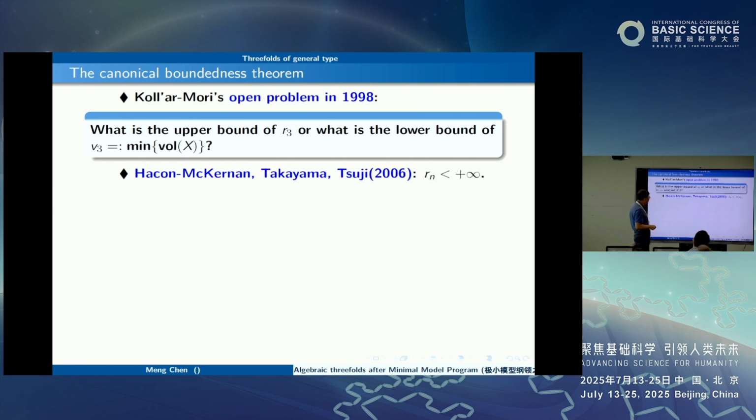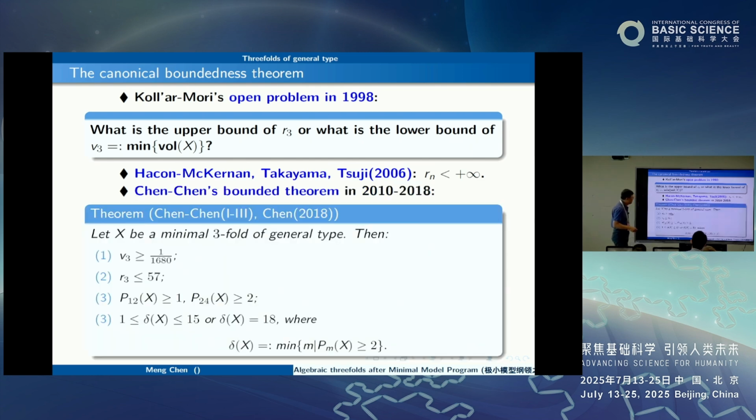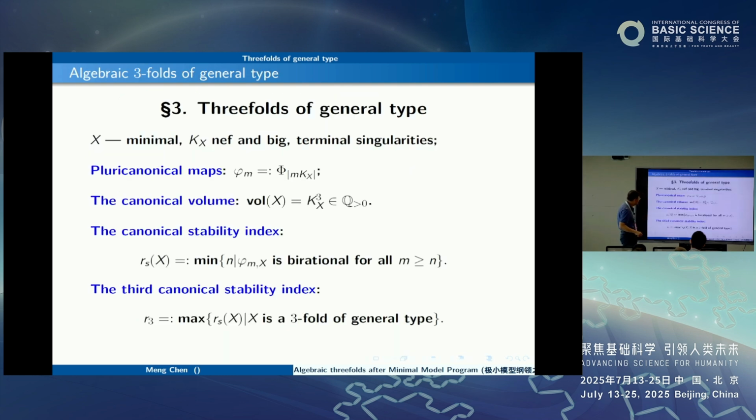Hacon, McKernan, Takayama and Tsuji actually proved in general that Rn should be a finite number. So this is the so-called canonical boundedness, for any dimension. Why is this important?